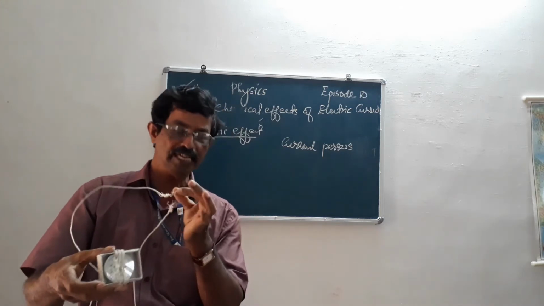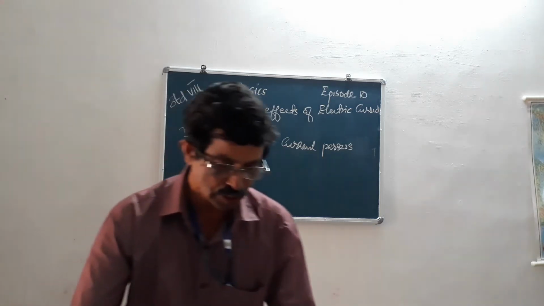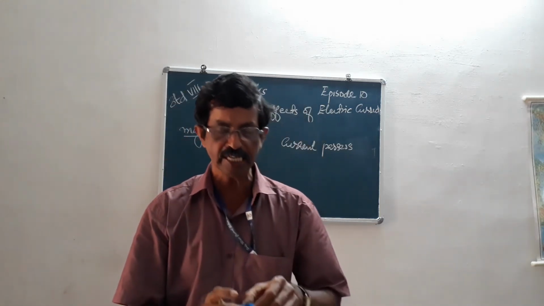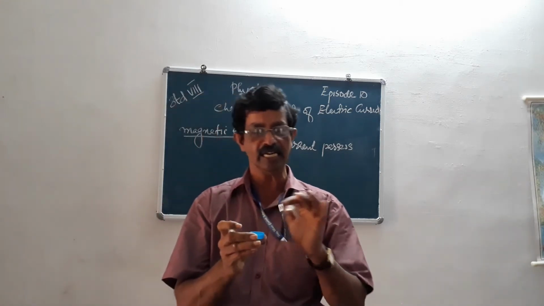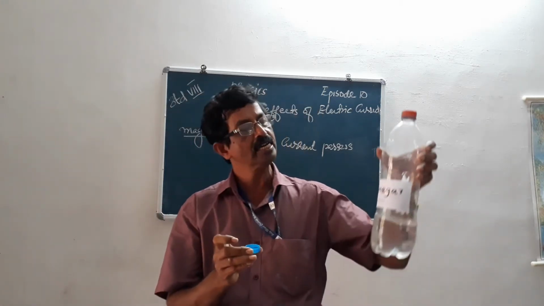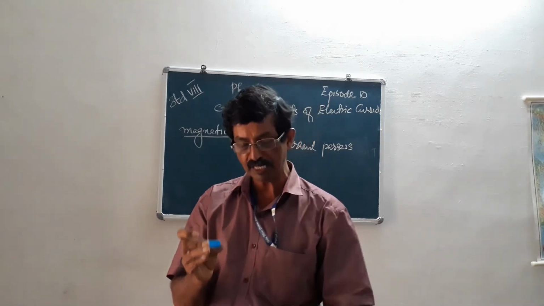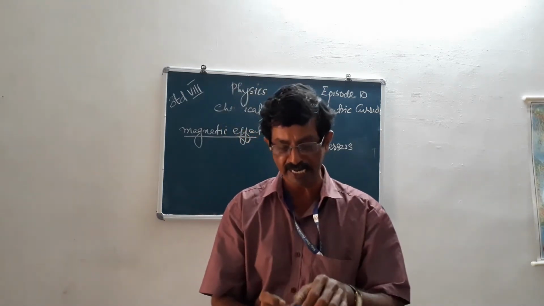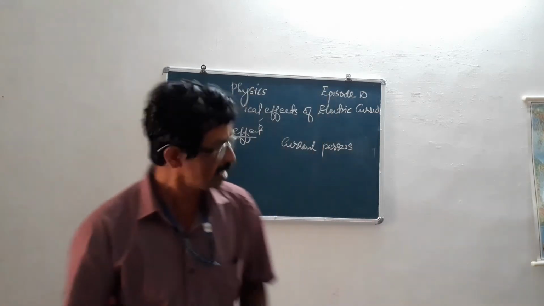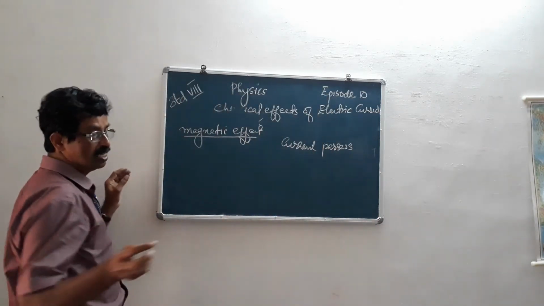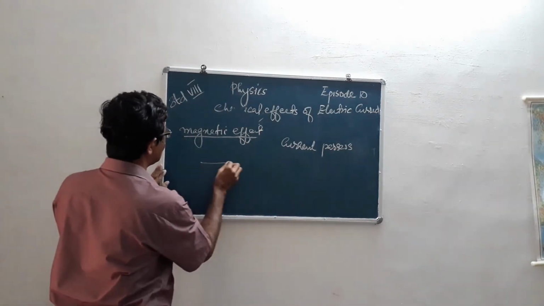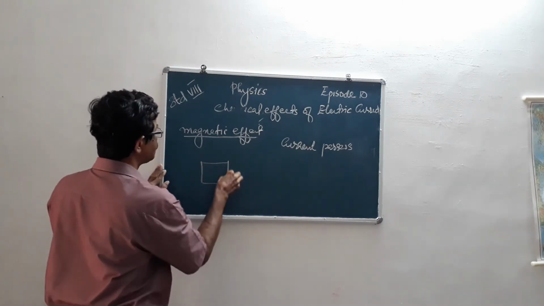If this free end is dipped in this solution, we can see that. Here we took vinegar in a bottle cap, and if we dip these two free ends in this, we can see there is a deflection. That means our magnetic compass is arranged in this.